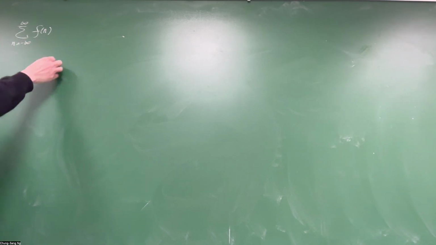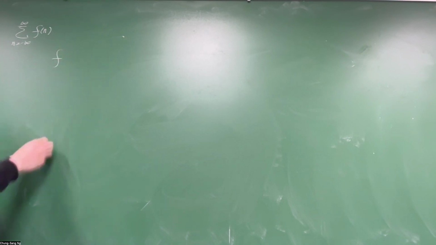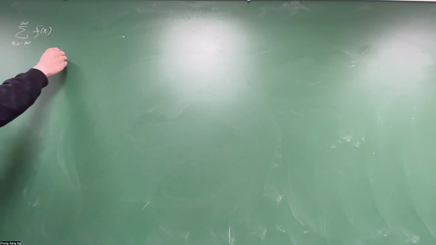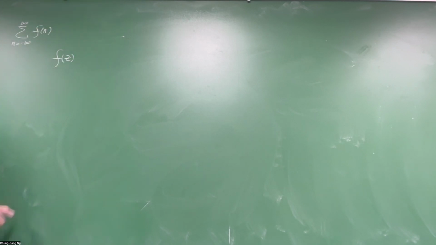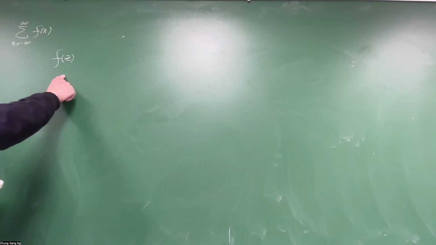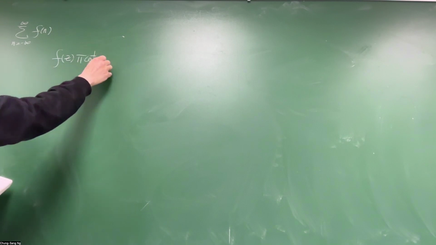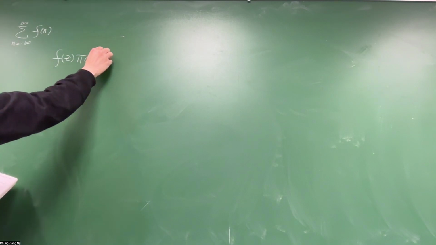To evaluate that, we multiply f by a trigonometric function. First we change n to z, so we evaluate a complex integral, and then multiply by this function, pi cotangent of pi times z.